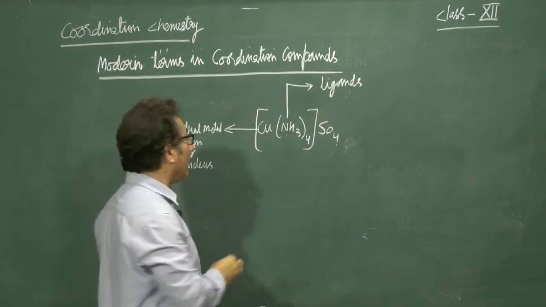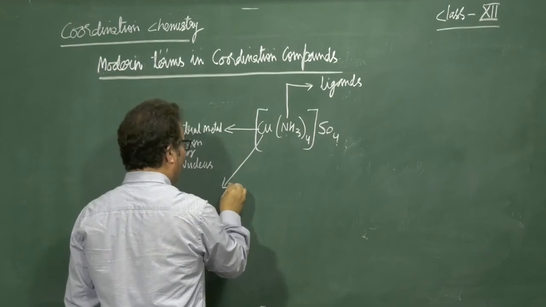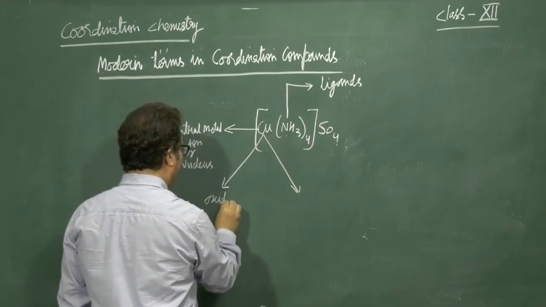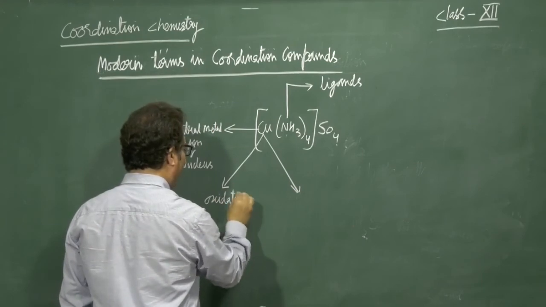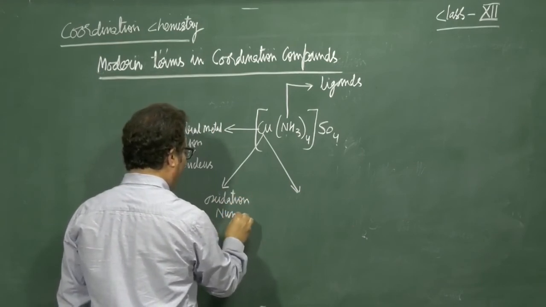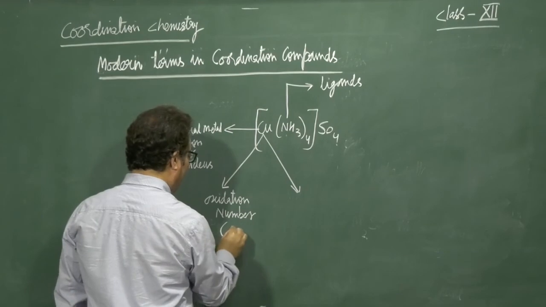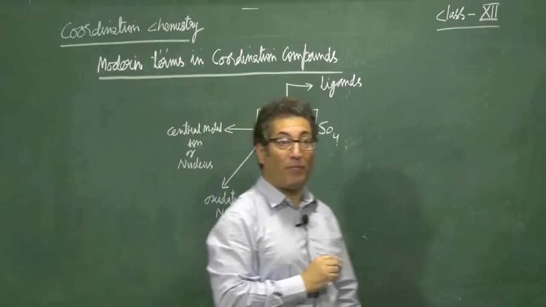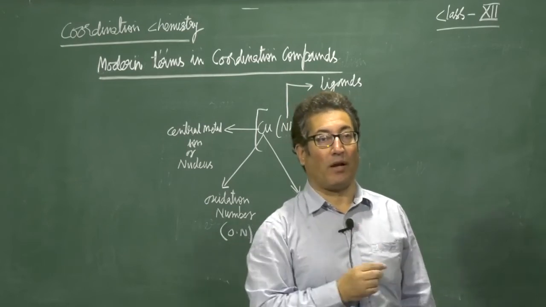This central metal has two properties. One is its oxidation number, which I'll abbreviate as ON. What is the oxidation number of the central metal ion, and how to calculate it.